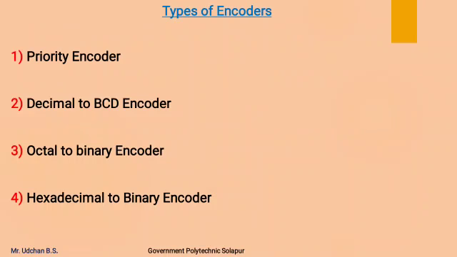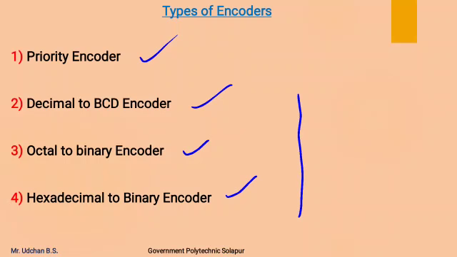These are the types of encoders. First one is the priority encoder, second is the decimal to BCD encoder, third is the octal to binary encoder, and the last one is the hexadecimal to binary encoder. All these conversions we have seen in the first unit of the subject.